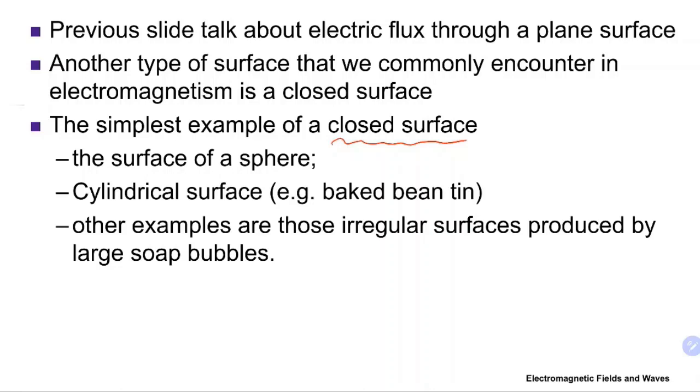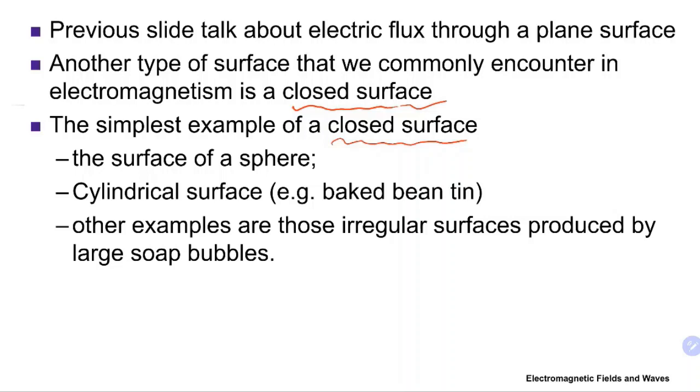Okay, another type of surface that we commonly use in this topic, electromagnetism, is called a closed surface. A sphere is a closed surface. If you have a sphere, then the surface is fully enclosed. A cylindrical surface, so I put down here a baked bean tin, is also a closed surface.